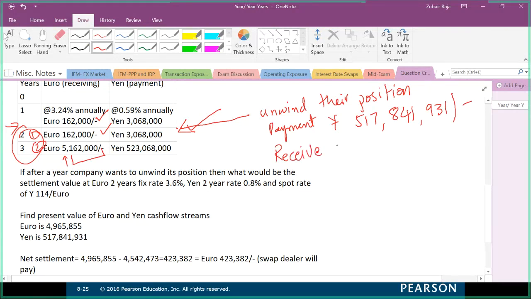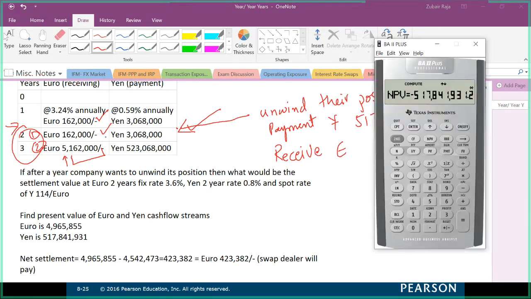They will receive the euro, or they are entitled to receive the euro, and again you have to discount them, right? So you go to cash flow, second clear, so clear your previous work.